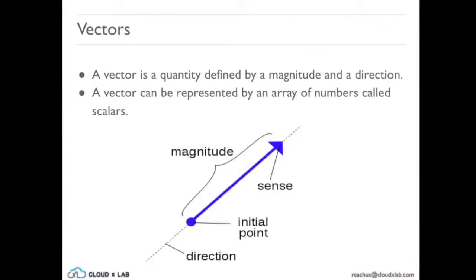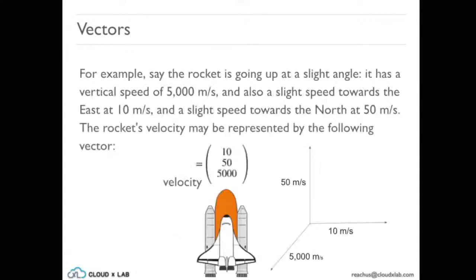So a vector, as some of you have learned and still remember, is a quantity defined with a magnitude and a direction. A vector can be represented as an array of numbers also. That's one of the easy ways to do it.